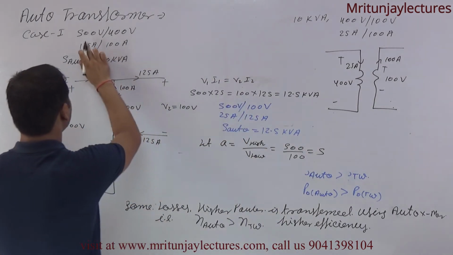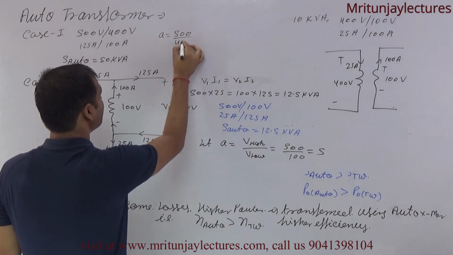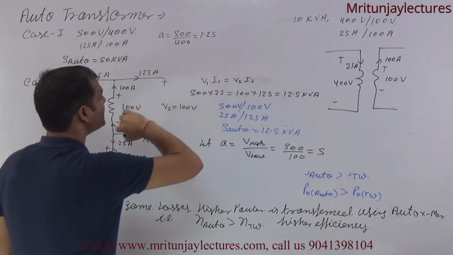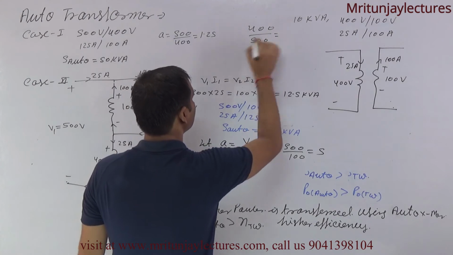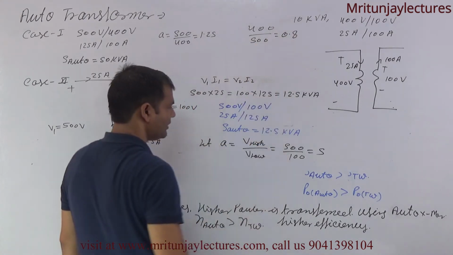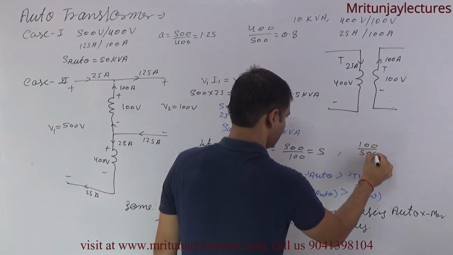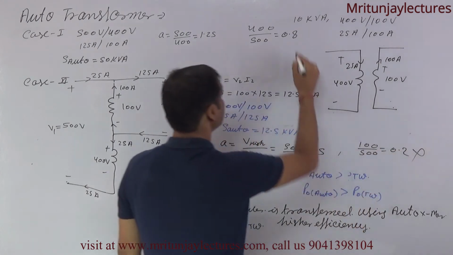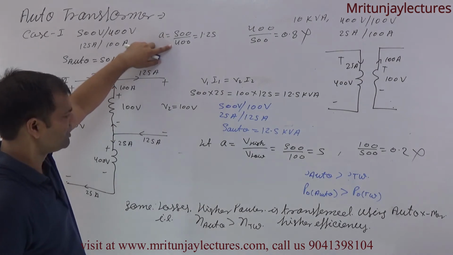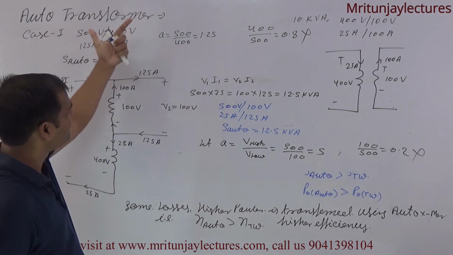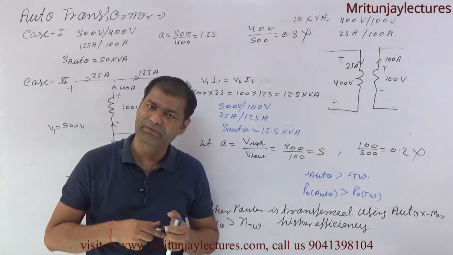Here 500 divided by 400, A is 1.25. If you consider 400 divided by 500 that is 0.8, and 100 divided by 500 it means 0.2. It is not considered. We consider only higher voltage divided by lower voltage. Higher in primary side or secondary? Okay, always prefer higher voltage divided by lower voltage.